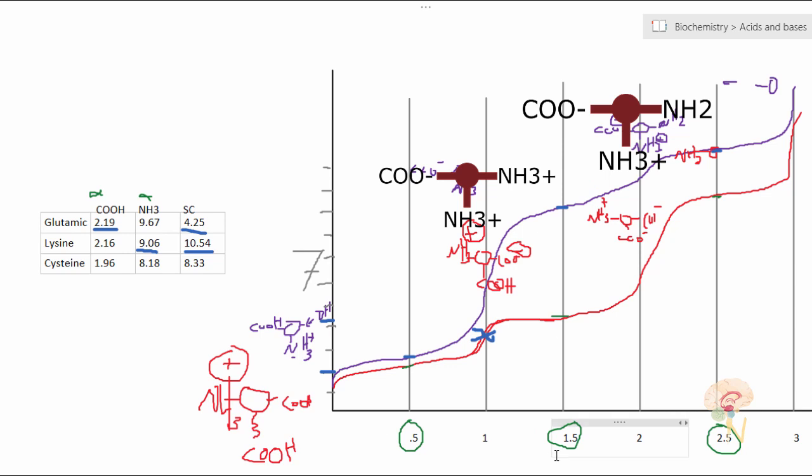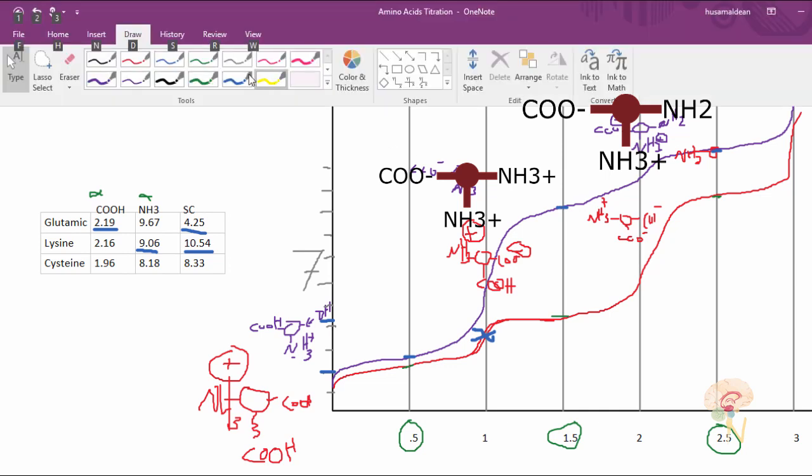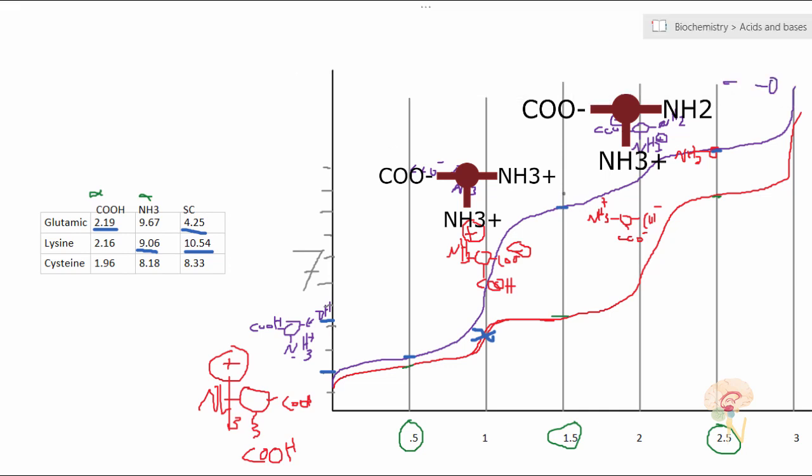You know at what pH equals this one, 9.06. You know that when pH equals pKa, the ratio is 1 to 1. So exactly here, without solving anything, the ratio will be 1 to 1. We are having this and this in a ratio of 1 to 1.